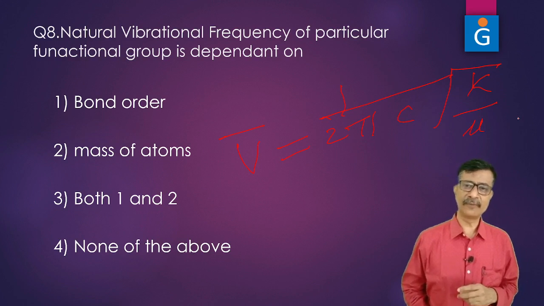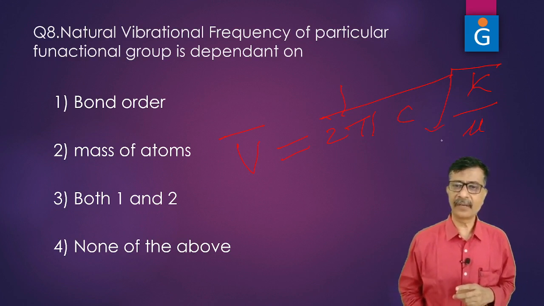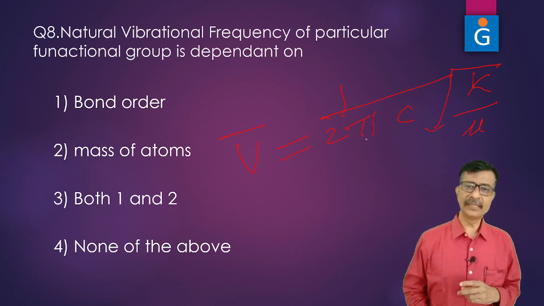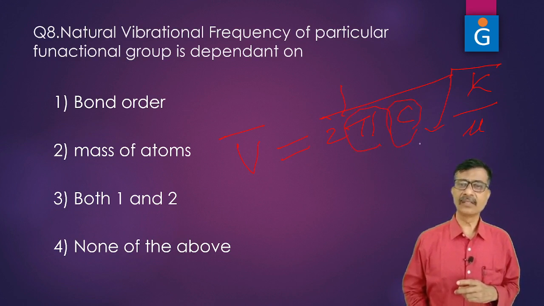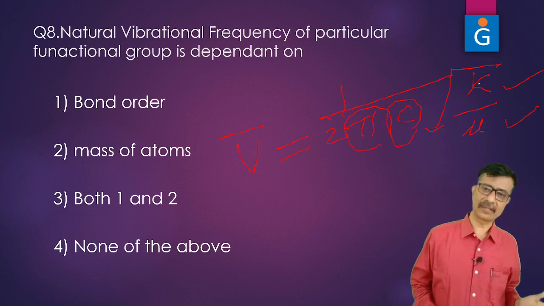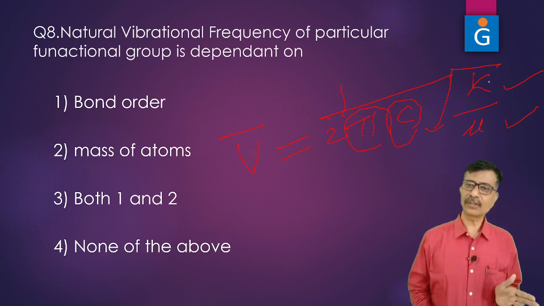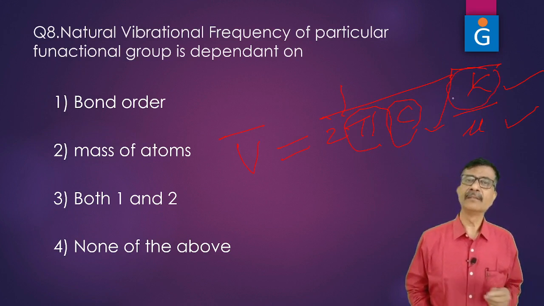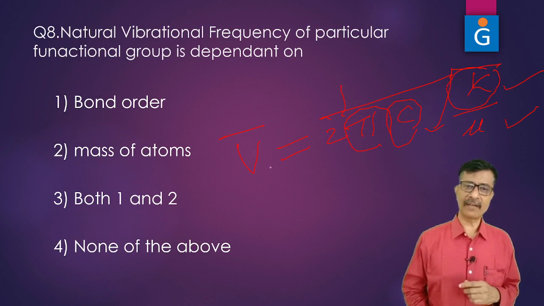This is the equation for natural vibrational frequency. Now pi is constant, C is constant, so the K and mu. What is K? It is a force constant. The force constant will be decided by bond order. So natural vibrational frequency will be governed by bond order.